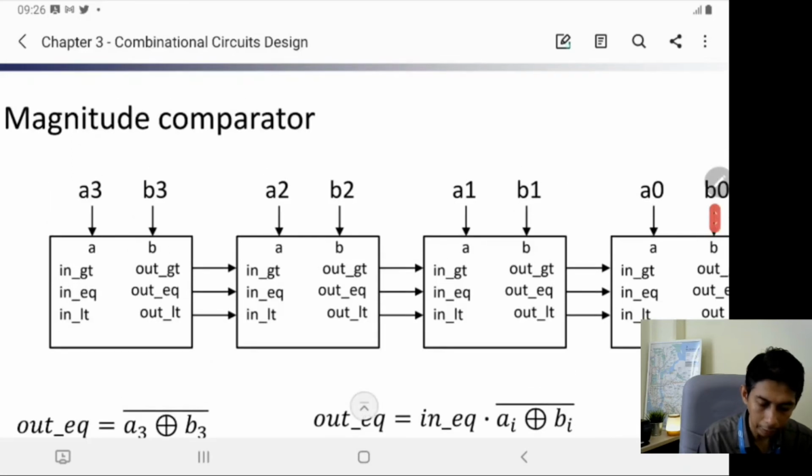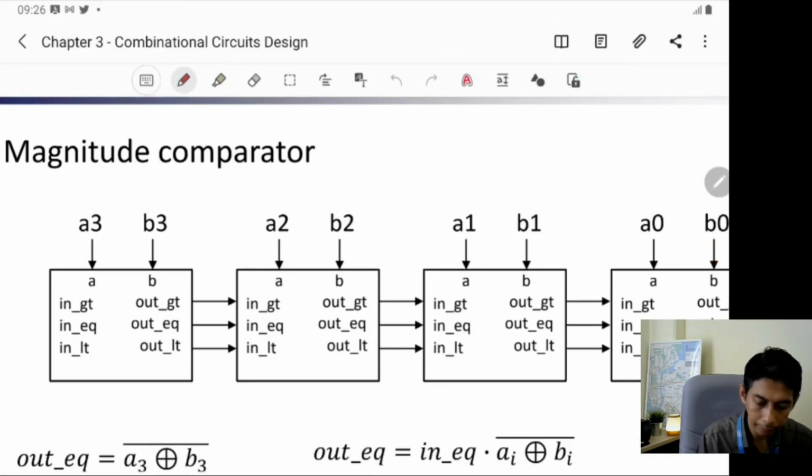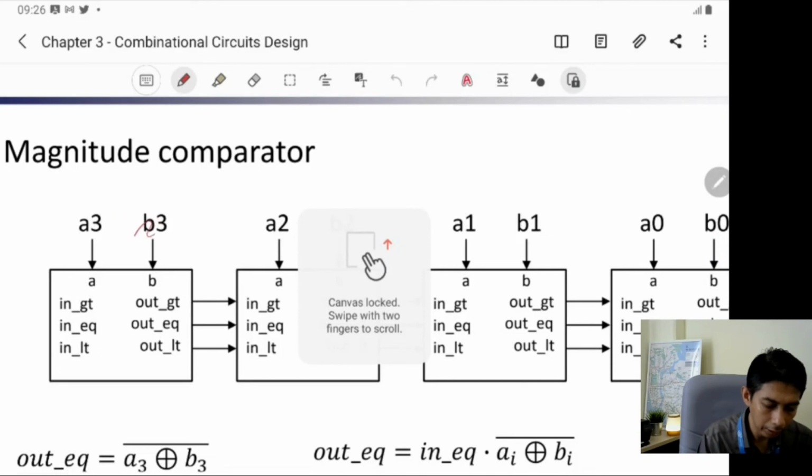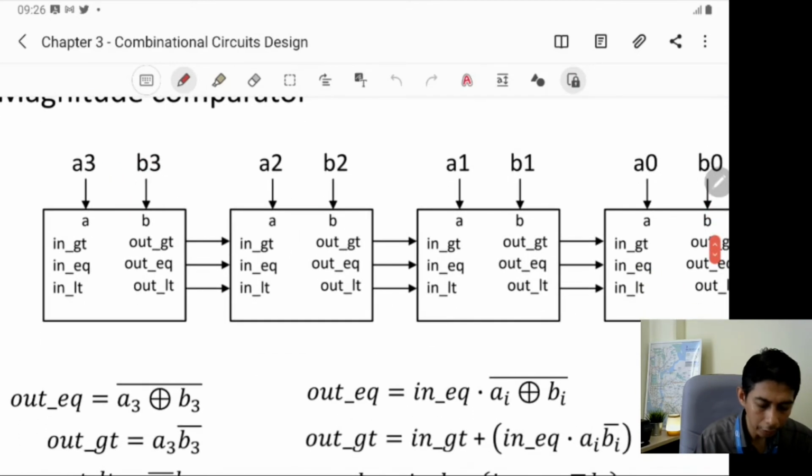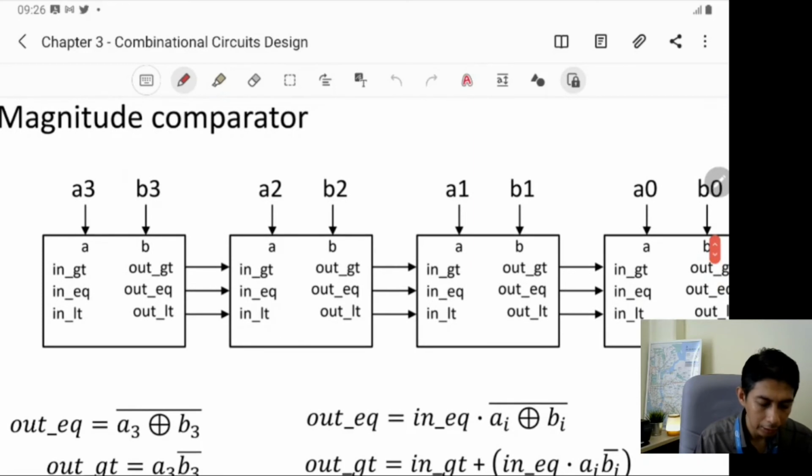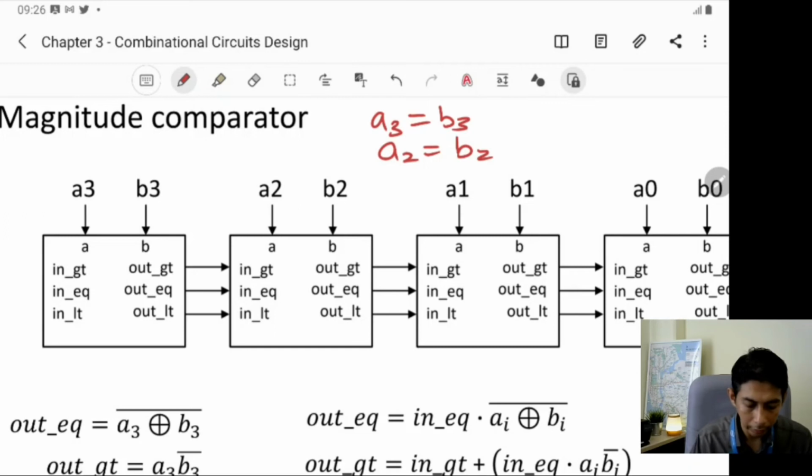So now let's have these two only: A3, B3, A2, B2. Now assume that A3 equal to B3 and A2 equal to B2. It means that this signal must be equal to 1 and the rest should be equal to 0, because the numbers are equal. So how to get this equal to 1?